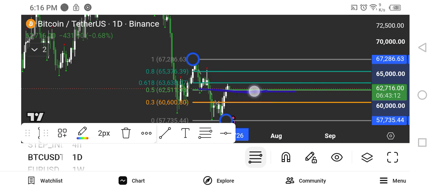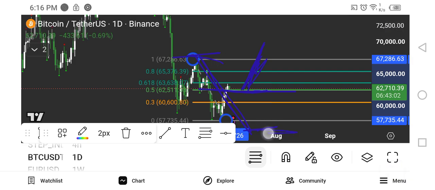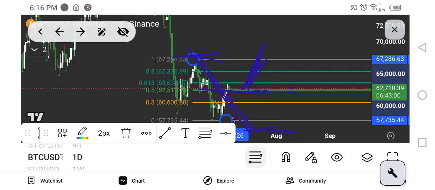That is the 50%. Anything above this 50% of this full range, the top here, down here, and we drew it from up to down because the price is going down. The price is in a downward trend.